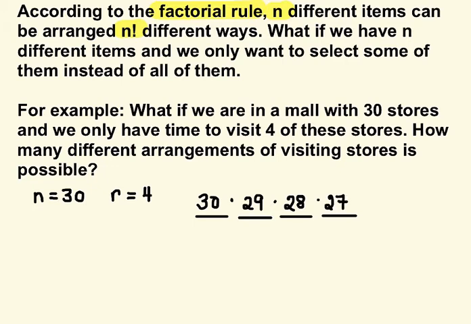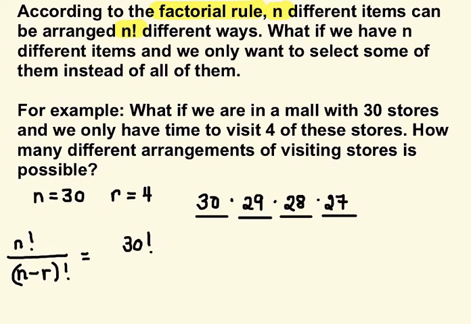So in this case, this is not n factorial. In fact, what this is equal to is n factorial divided by n minus r factorial. What does that mean? Let me take what I just wrote and move it down here. N factorial is 30 factorial.